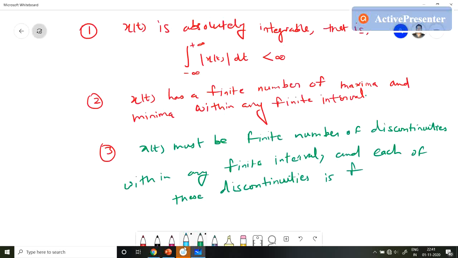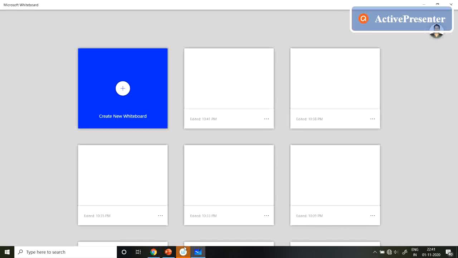Basically these are called the Dirichlet conditions.